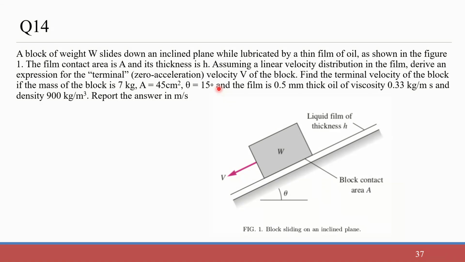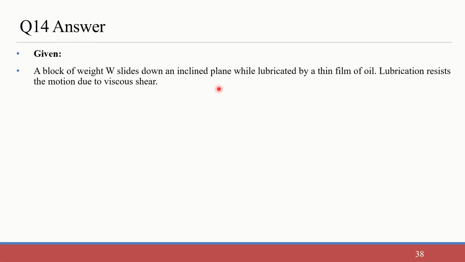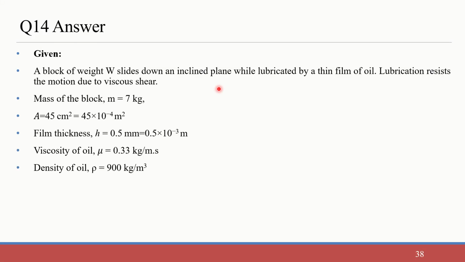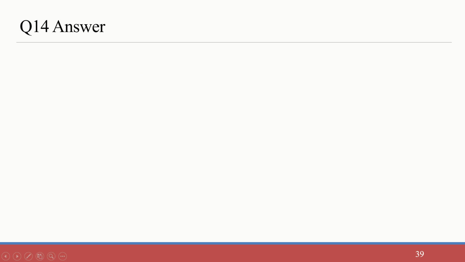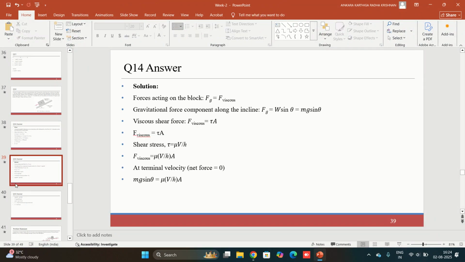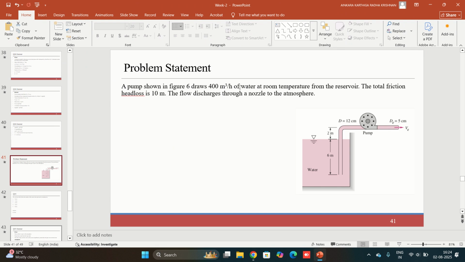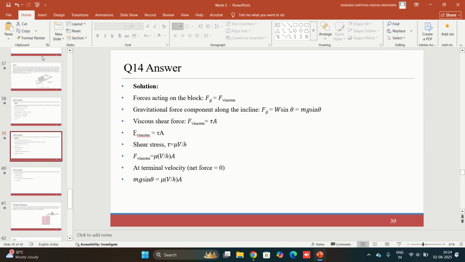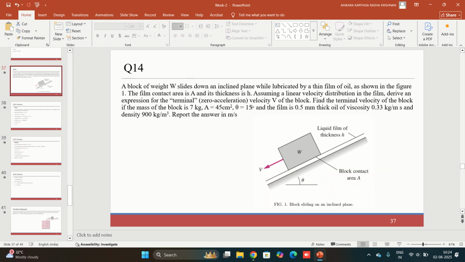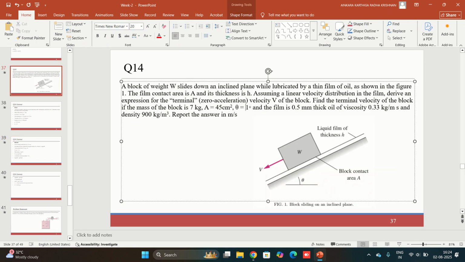We are given a block of weight W and it is sliding down the plane which is inclined at an angle. There I changed the question but I forgot to change here. That's it.